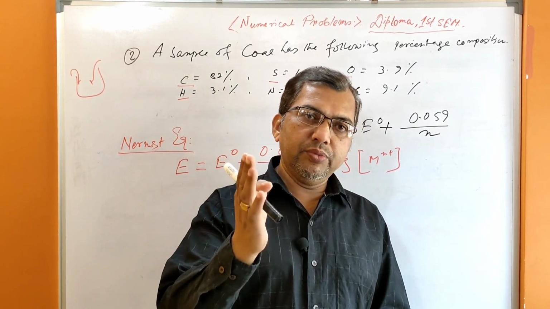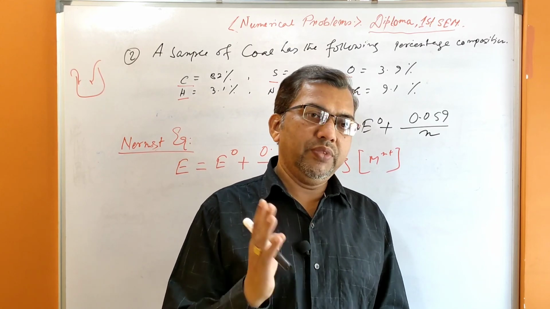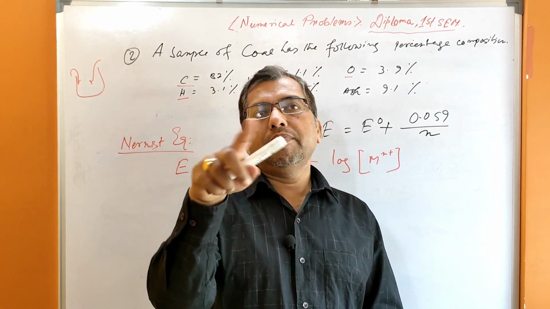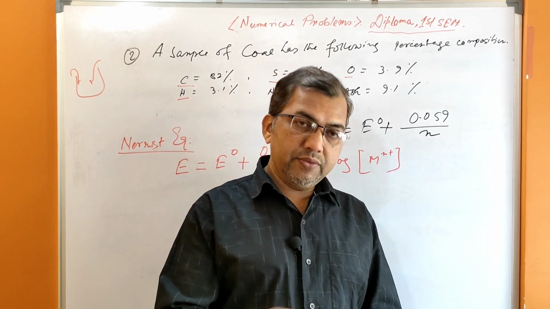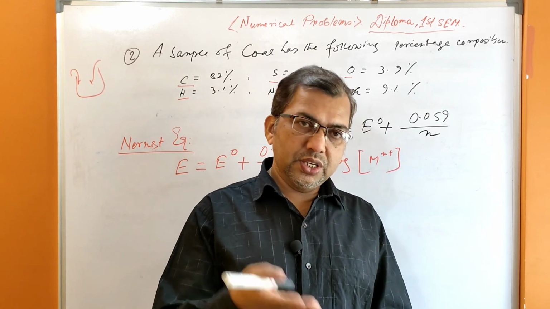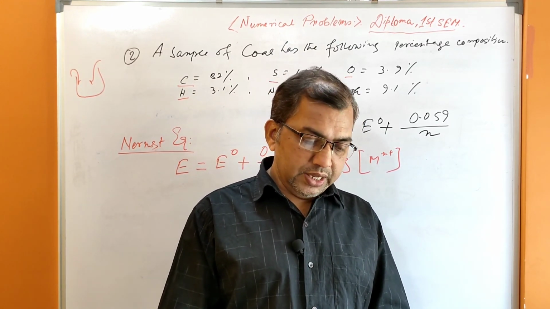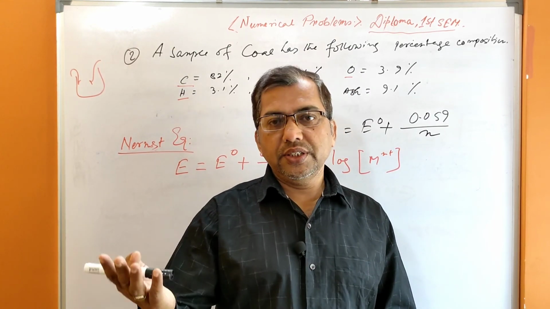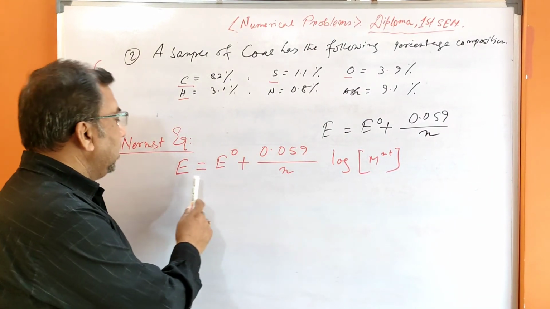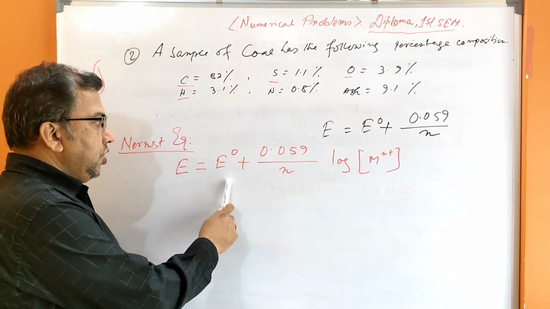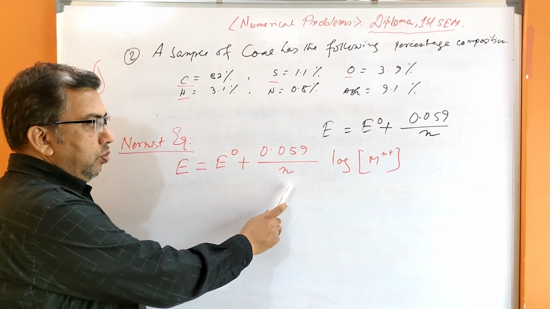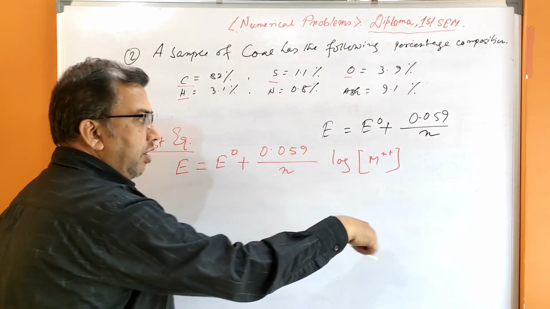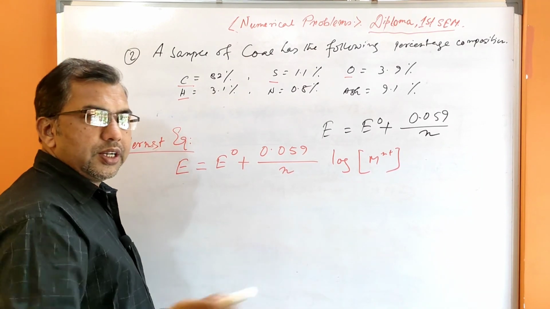Just apply the formula E0 plus 0.059 by n into log of the metallic ion concentration. Here at 25 degrees centigrade the concentration of the metallic ion is given as 0.01. You have to apply the log you have learned in mathematics.